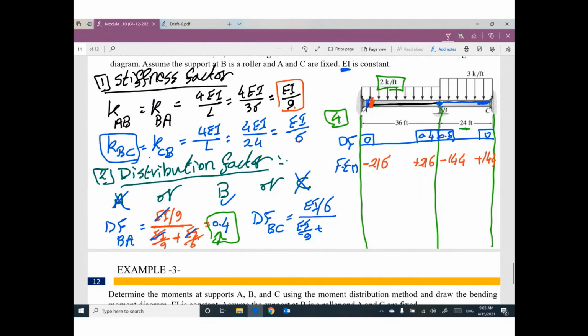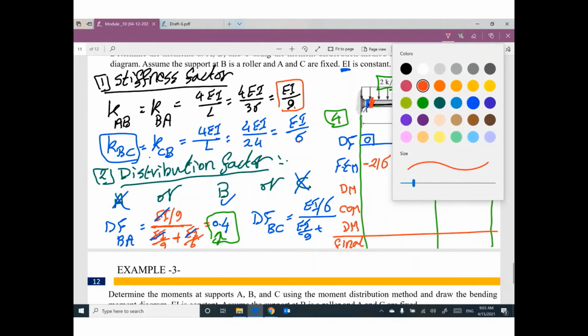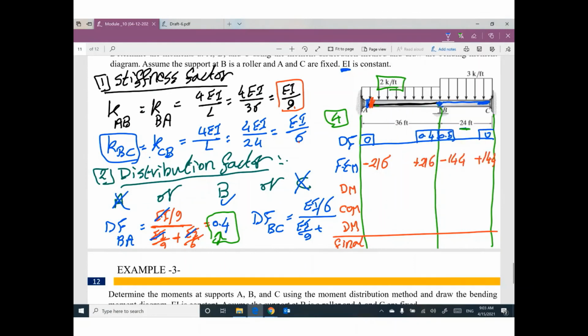We need to do distribution moment, then carryover moment, then distribution moment, then I will add to get the final. Does that make sense? It's very easy. This problem is very easy in your exam. Keep this concept in your mind.